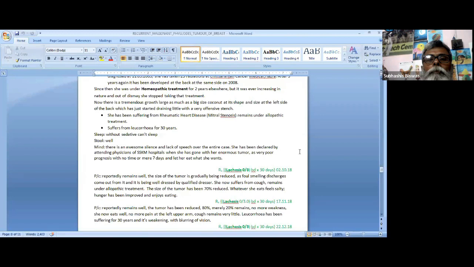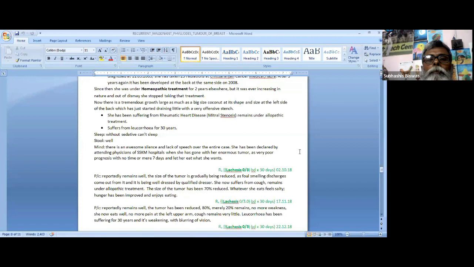It was on the left side, adherent to the breast, at the post-operative site. She had this disease since 2003, and that time it was 2018. For 15 years that lady was carrying the disease, and still she used to perform like anything.